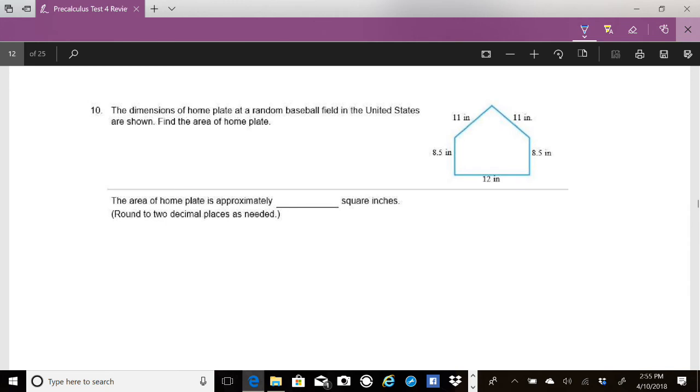Number 10, we're given the dimensions of home plate of a random baseball field, and it looks like this. What I would do here is break this up into a triangle and a rectangle.